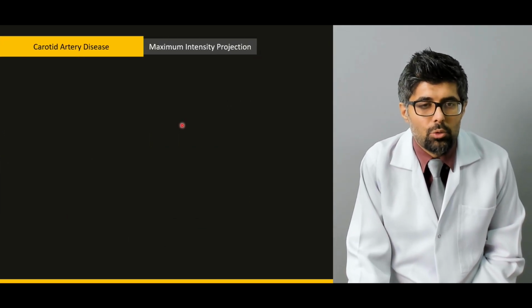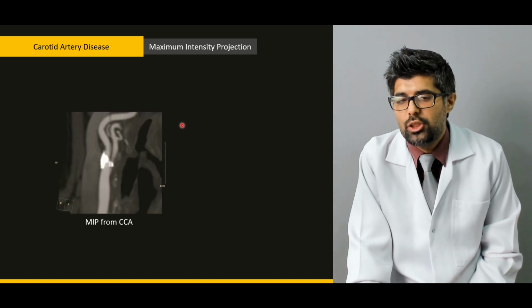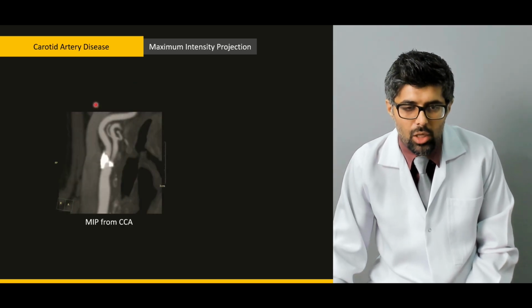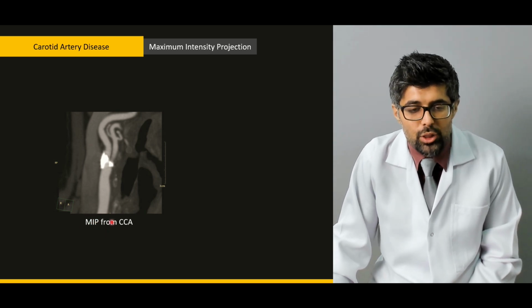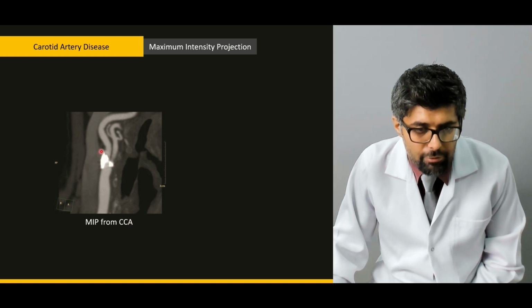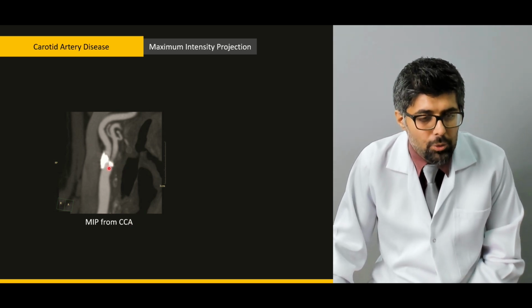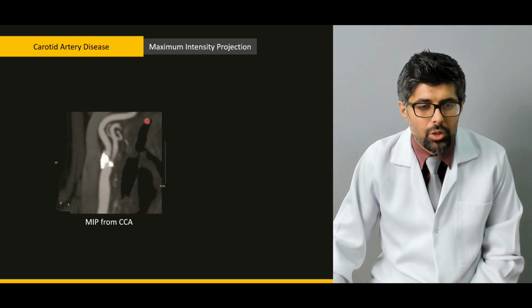Next is the carotid artery disease with the maximal intensity projection. Now, this is a maximal intensity projection of the common carotid artery at its point of bifurcation. This is the common carotid artery, and this is the external and the internal carotid artery.